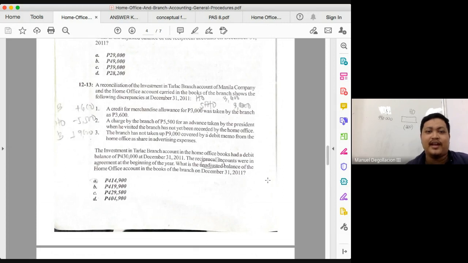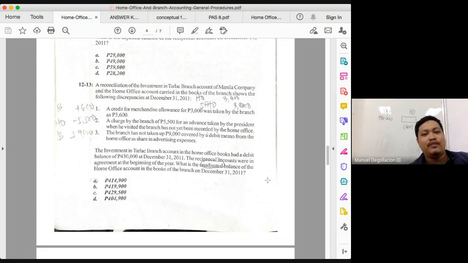Sorry, I had it the other way around. The correct amount is 3,000. So let's do it again for the home office. What entry was prepared by the home office? Debit shipments to branch and credit investment in branch in the amount of 3,000. That's the correct amount. What entry was prepared by the branch?